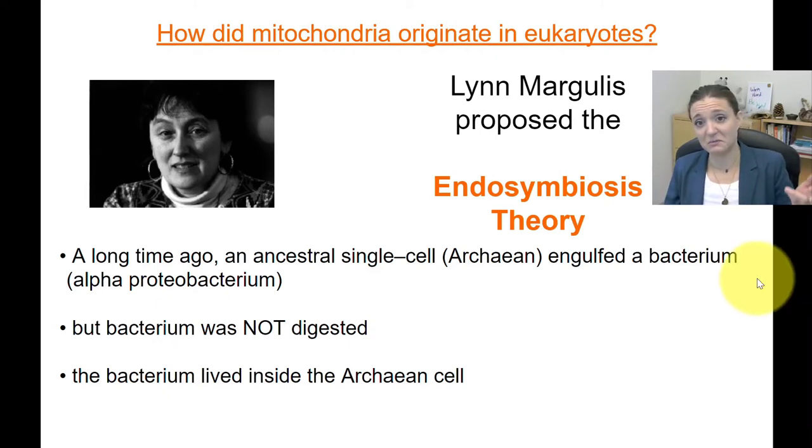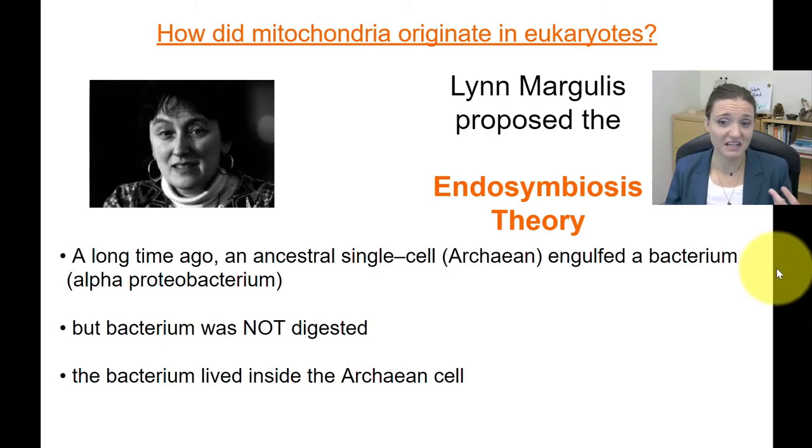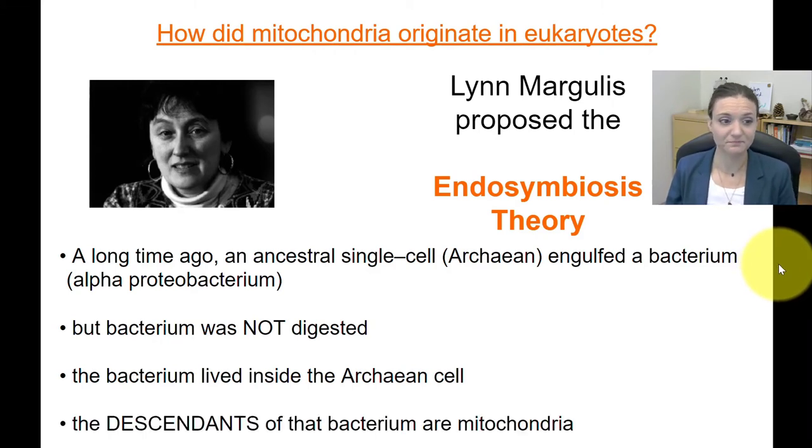That bacterium just started to hang out and live with that archaean cell inside of its cytoplasm. And then the descendants of that bacterium are the mitochondria that we have today. So that bacteria has been dividing for billions of years, and it's residing in our cells today. We think that this maybe happened about 1.8 billion years ago, roughly. We don't know, because this kind of stuff doesn't fossilize well, but that's our best guess.